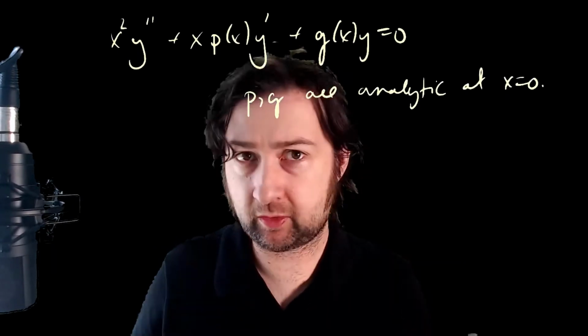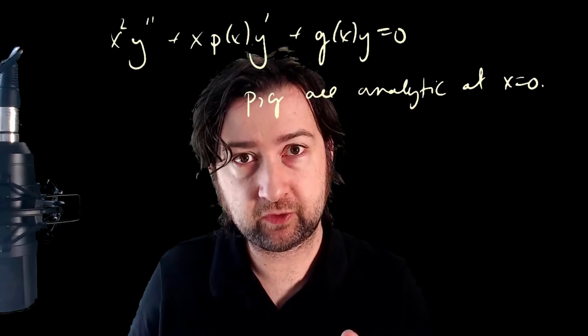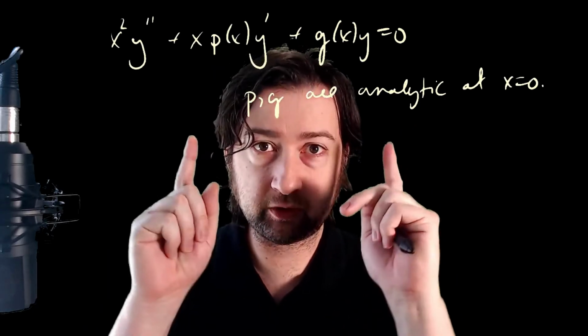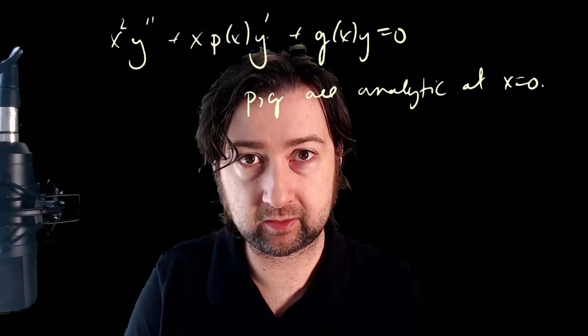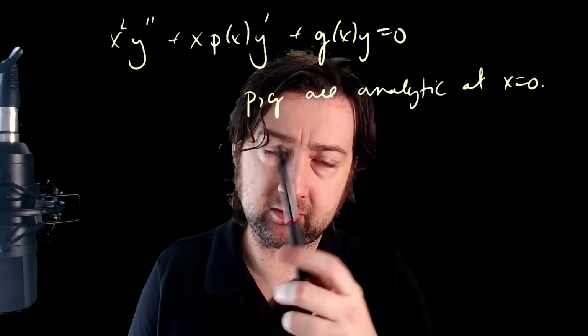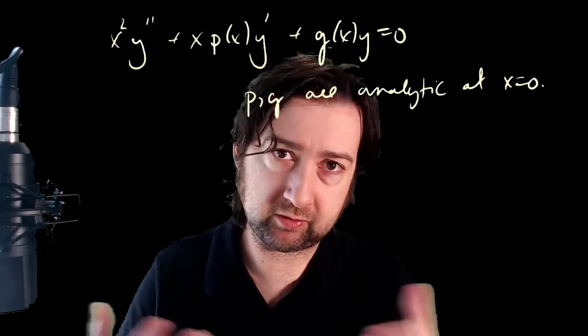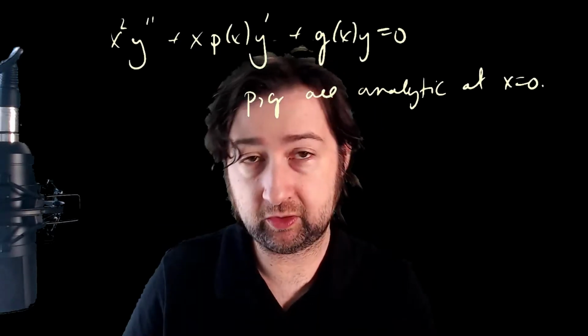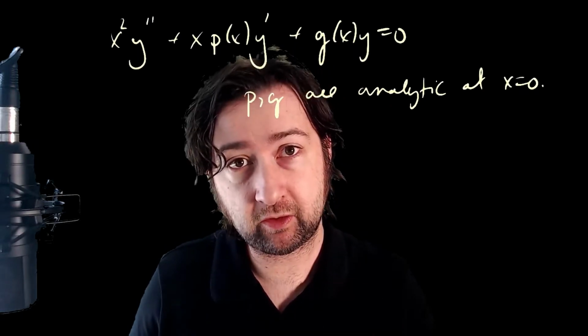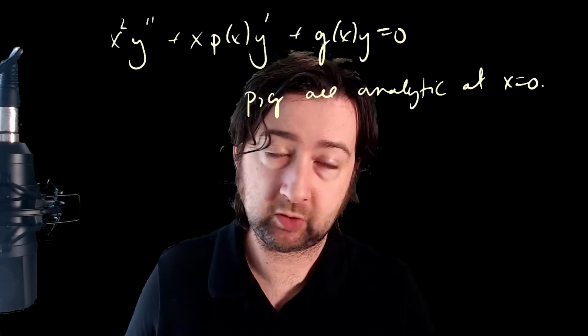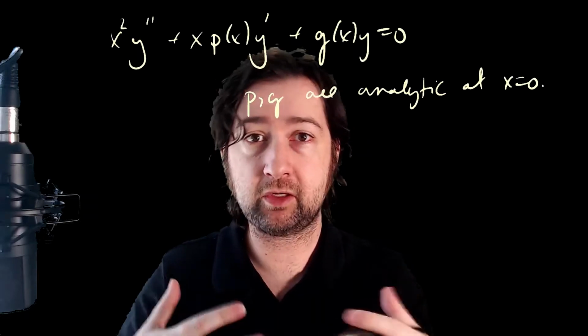So no matter what I started with, if it meets the definition of a regular singular point, I can transform it into an equation that looks like this. And remember to say that p and q are analytic at 0 means that they have series there. So this is the equation that I want to work with if I know that I've got a regular singular point. No matter what I start with, I can always do the theory in terms of this.